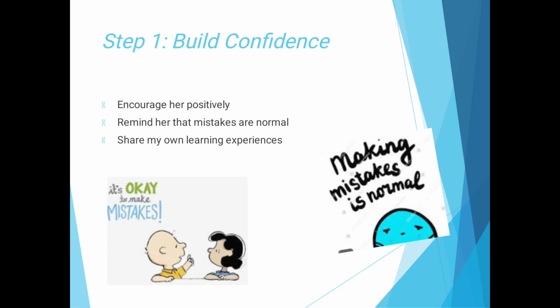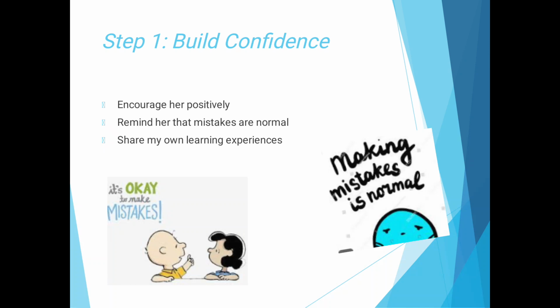I would speak with her in English so that I make her comfortable with the language, to help her reduce the fear of making mistakes and to familiarize her with English, so that she is confident enough to express her thoughts in English.